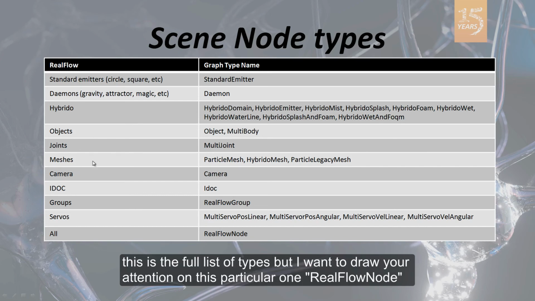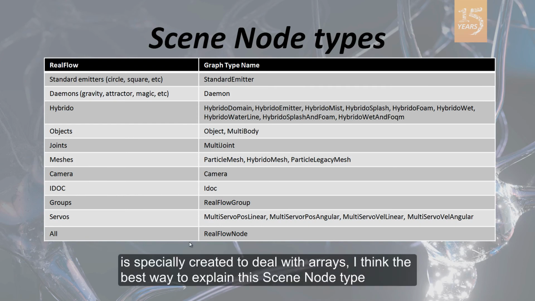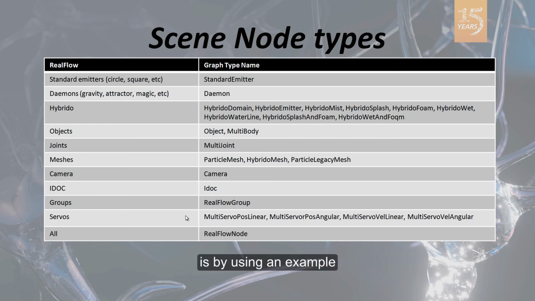This is the full list of types, but I want to draw your attention to this particular one, RealFlow node. This scene node type is especially created to deal with arrays, and I think the best way to explain it is by using an example.